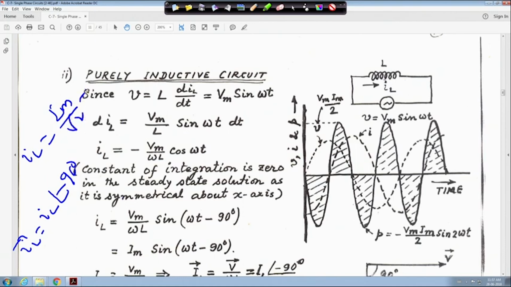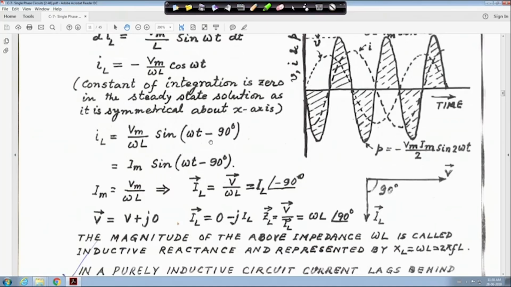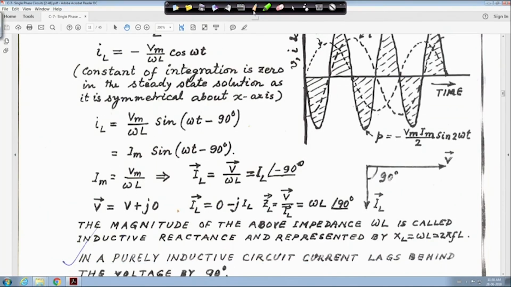That means, I will come to this diagram later, this is my voltage phasor, that is V at angle 0, and the current, as I told you, will be IL at angle minus 90 degree. So, current lags the voltage by 90 degree in a purely inductive circuit, and here it should not be an arrow, it should be just Z bar, the complex number.